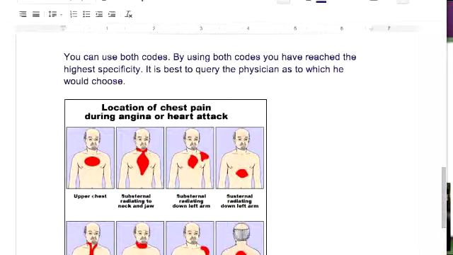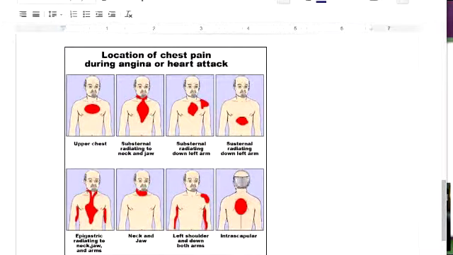Then you have this one right in the middle of his chest. That's actually epigastric, so it'll say substernal epigastric. Then you've got epigastric radiating to the neck, jaw, and arms, neck and jaw, left shoulder and down both arms, and interscapular.